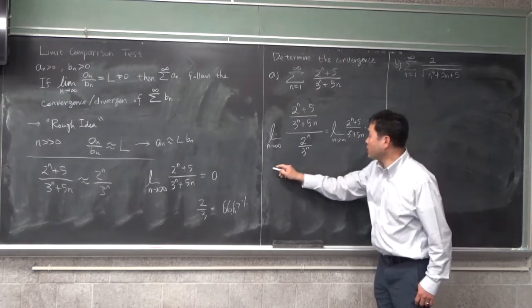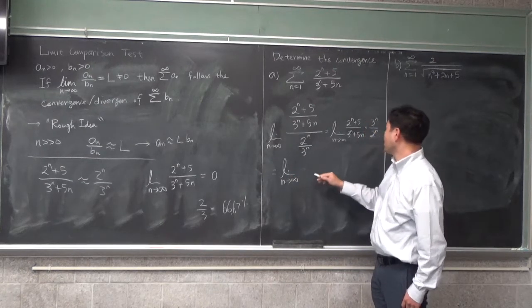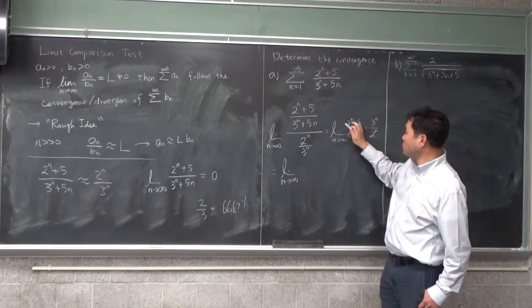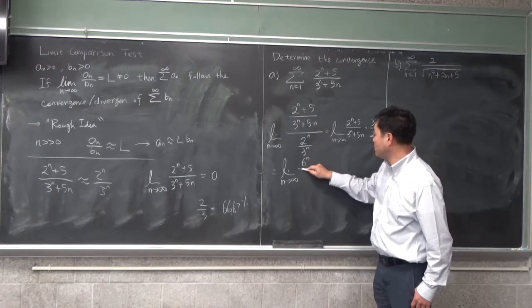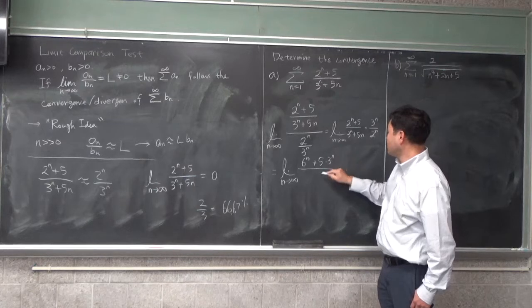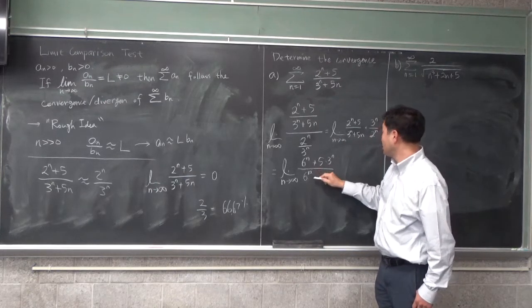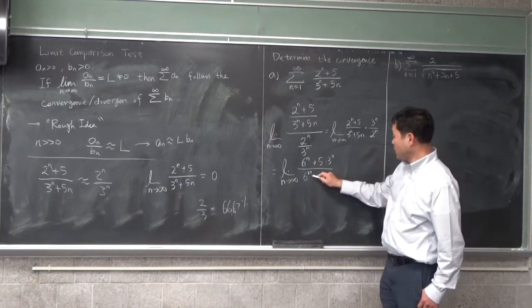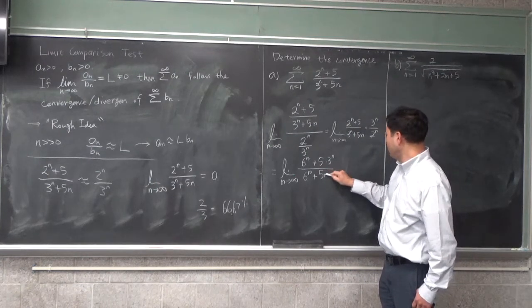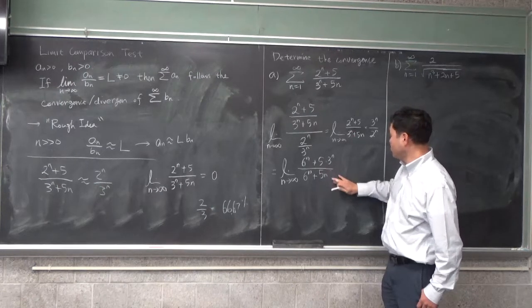And when you multiply, this is the limit as n goes to infinity. 3^n times 2^n is 6^n, times 5 times 3^n. 3^n times 2^n is 6^n. 5n times 2^n is 5n, 2^n.